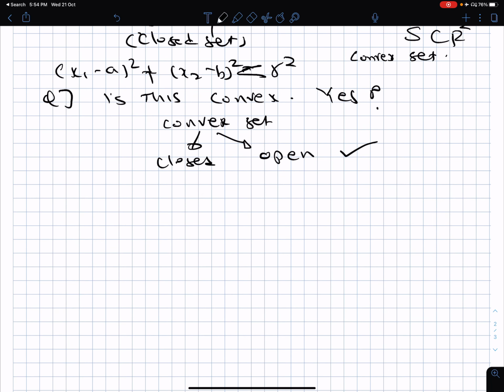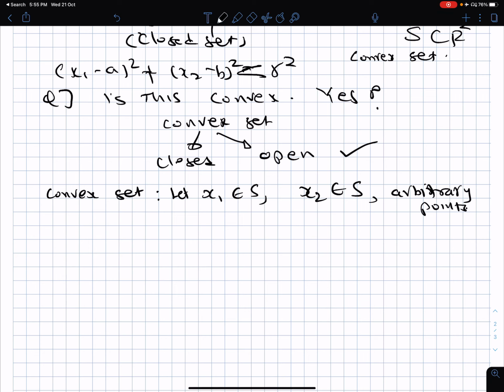How do I now express this convex set in an algebraic sense? Because in Rn, where n is greater than 3, I cannot draw any pictures. In fact, for n greater than 2 itself, I cannot draw pictures. So how do I algebraically say what a convex set is? So let x1 and x2 come from the set as arbitrary points.